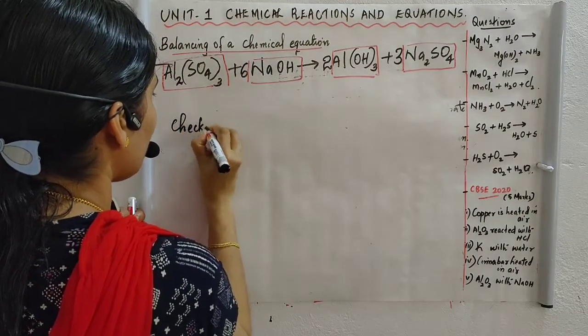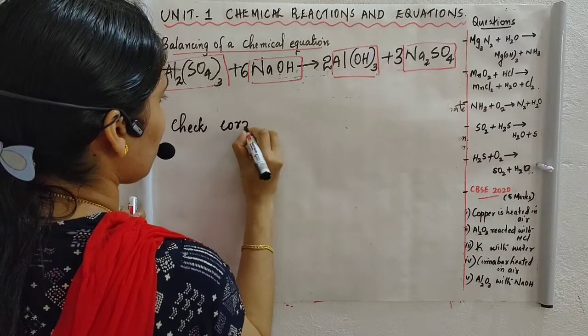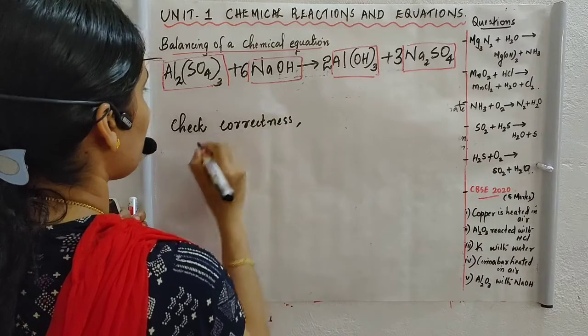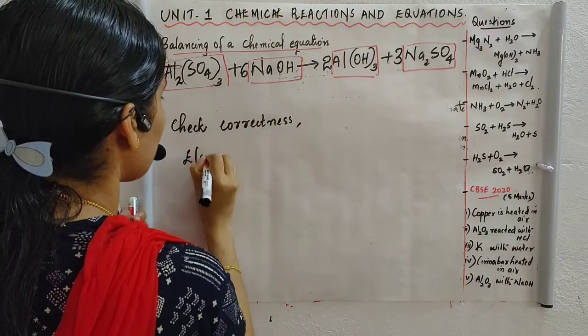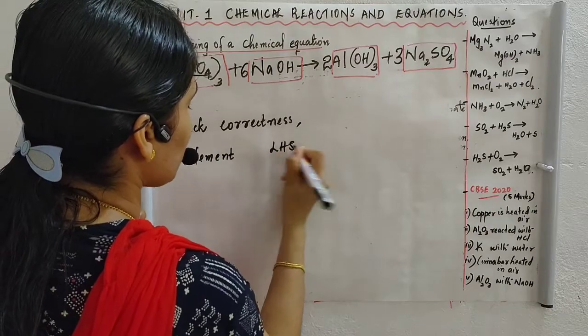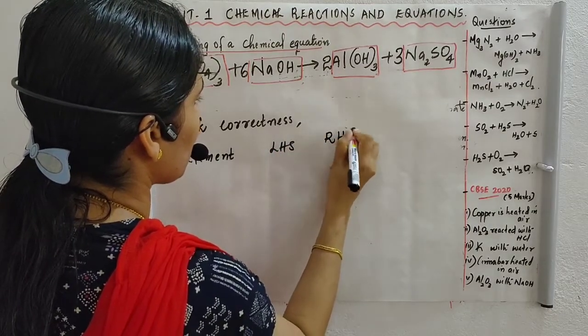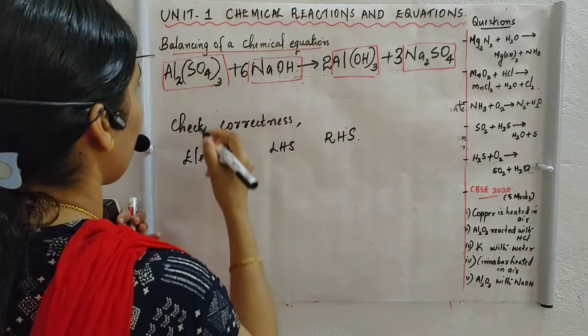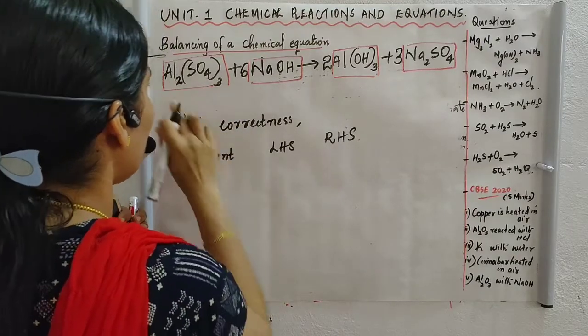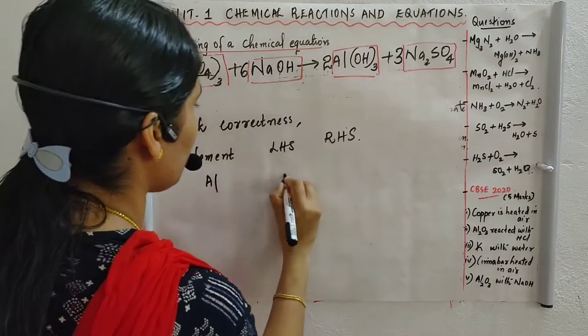Check correctness of the equation. Element, LHS, RHS. So you can see the element aluminium. On the left side it is 2.